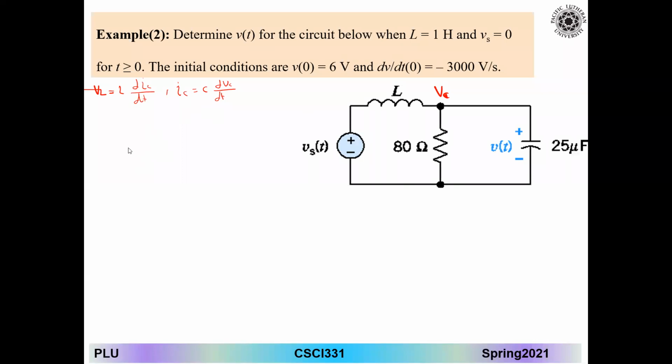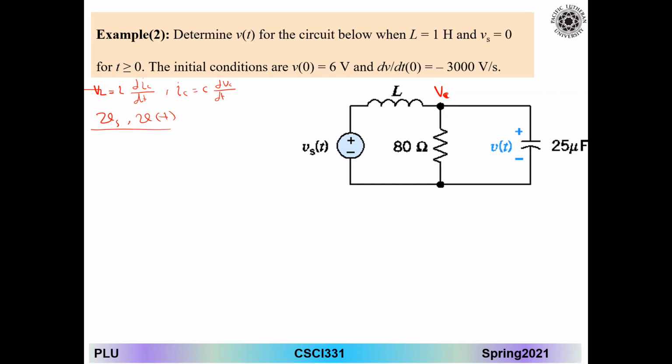So our method right now is to find the differential equation between Vs and V of t, and replace everything else that shows up in our equation. Let's start. I will use nodal analysis, guys, and just be careful again.